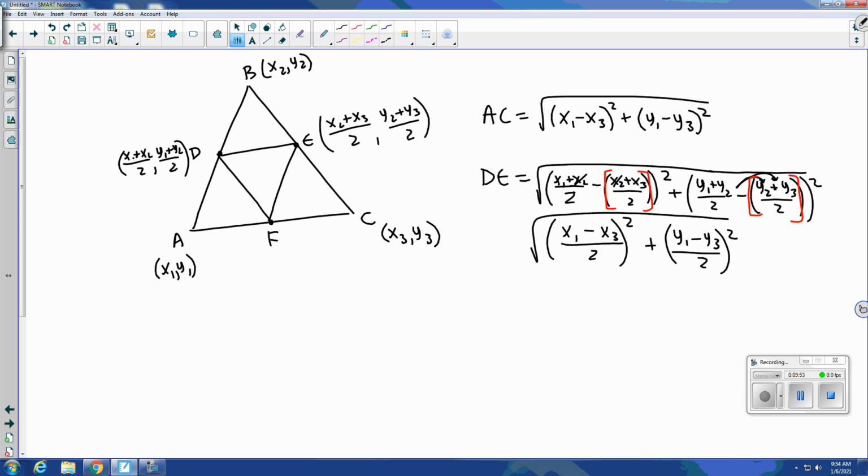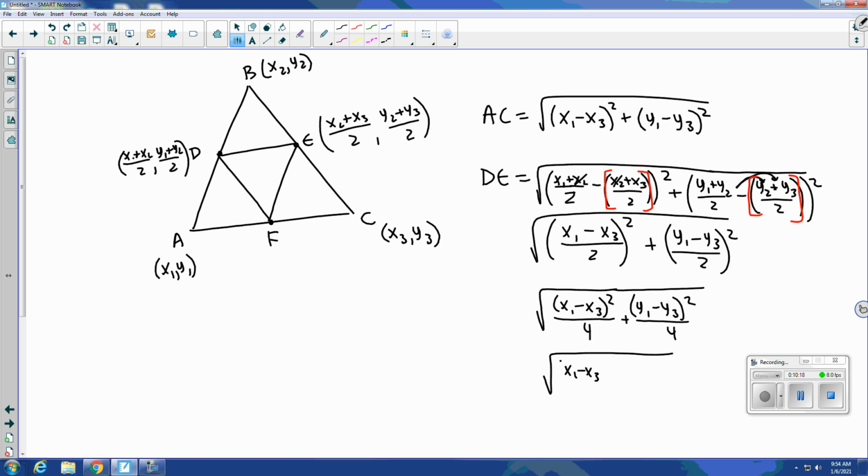So when I square this first, we're just going to write square root, and we're going to leave it as x1 minus x3 squared, but when I square the denominator, we're going to get 4. So now we square that whole thing, plus y1 minus y3 squared over 4. Now these both have common denominators, so we can put them together, and we're going to get square root of x1 minus x3 squared plus y1 minus y3 squared all over 4.